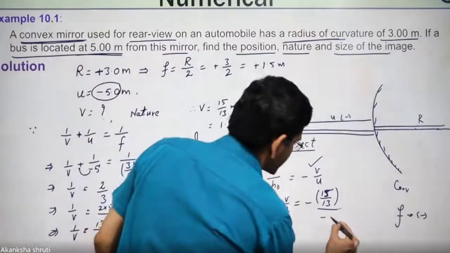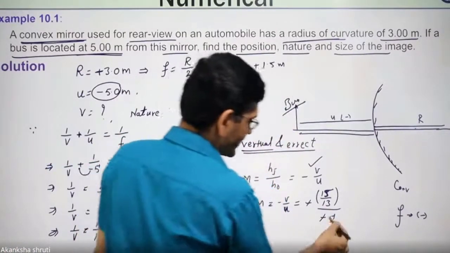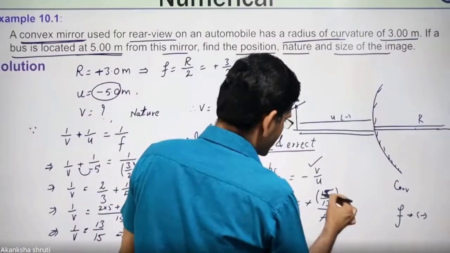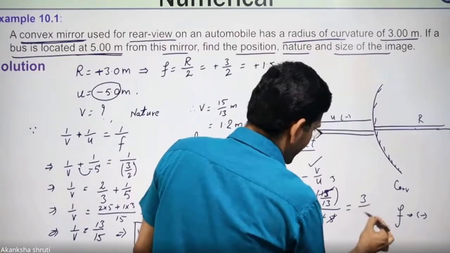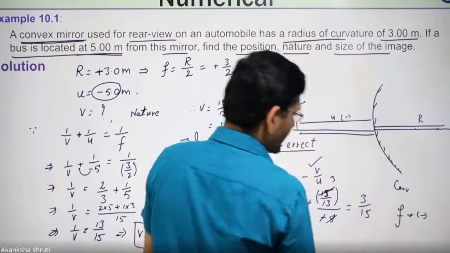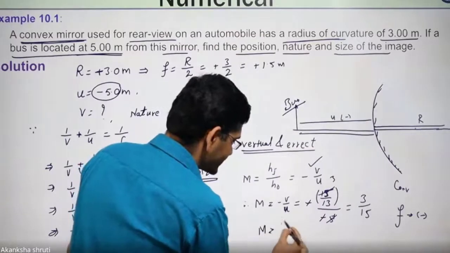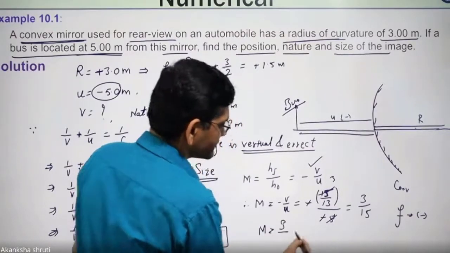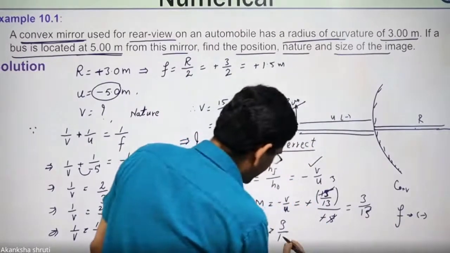So minus of 5. Students, you will get this minus getting cancelled. This 5 will also cancel 3 times. So it is coming as 3 by 15. Means what? Students, this magnification is 3 by 13, not 15. 3 by 13.